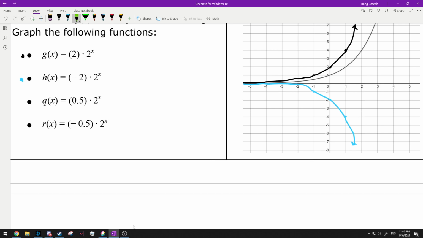g of x, which I'll color with green. 1, 1. Continue like so.